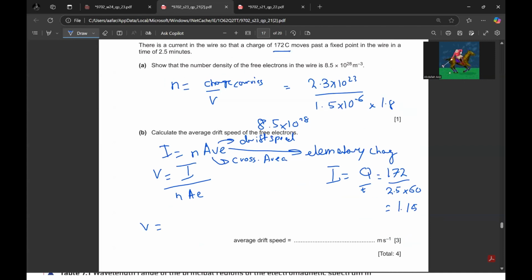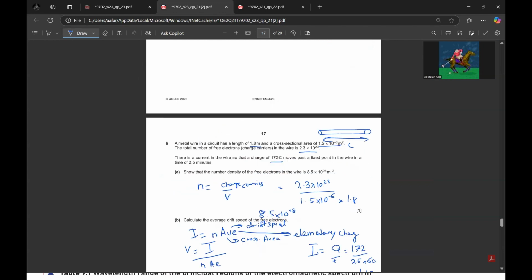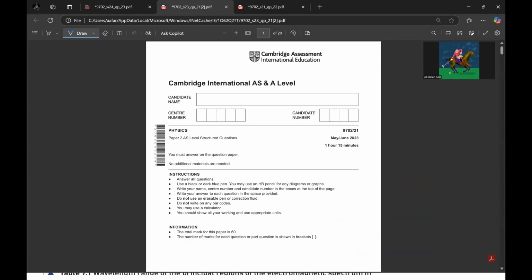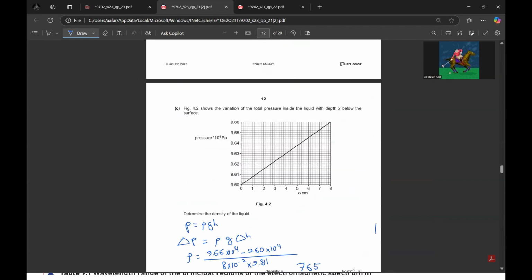So the drift velocity is 1.15 over 8.5 into 10 power 28, into 1.5 into 10 power negative 6, which is the area, into the elementary charge, 1.6 into 10 power negative 19.